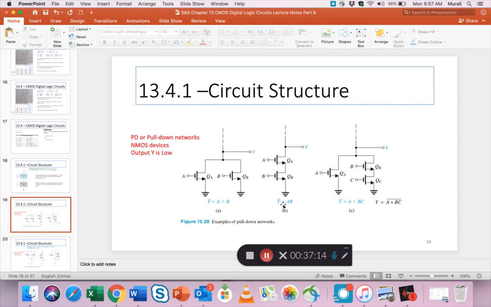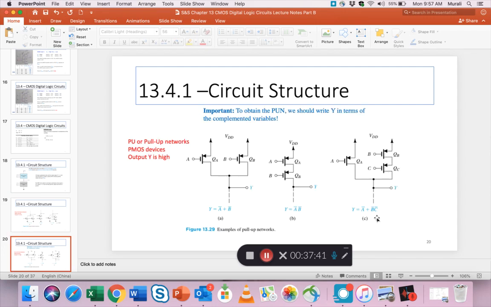On the previous slide, when we are looking at the pull-down networks, the equation we have written is in the straight terms for A, B and C, not complemented, but just by themselves, A, B, C. But if you look at the next slide, slide 20, all of them are flipped.